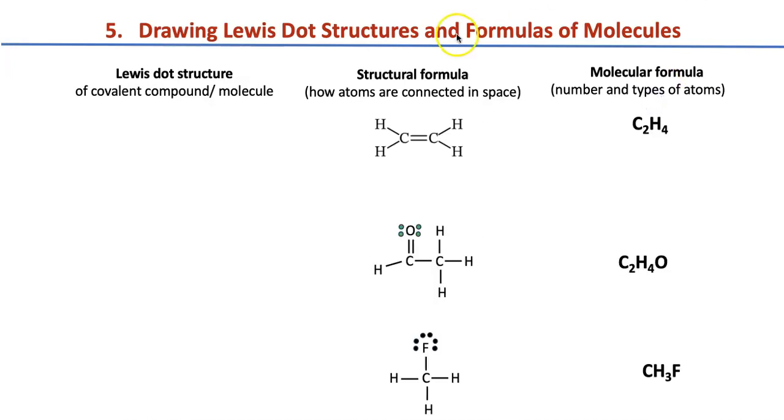So if I give you these molecular formulas and their corresponding structural formulas, how would you draw the Lewis dot structure? Since there are 4 hydrogens and 2 carbons, you know the 2 carbons are going to be in the middle. So I'm going to put the 2 carbons like that, and then I will put the 4 hydrogens on either side of each carbon like this.